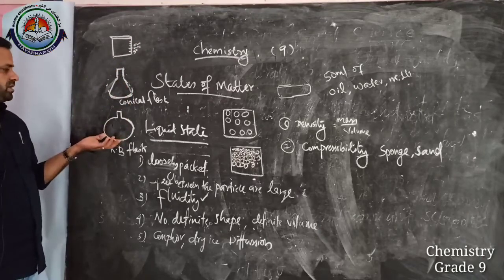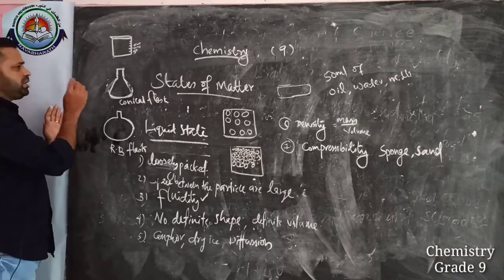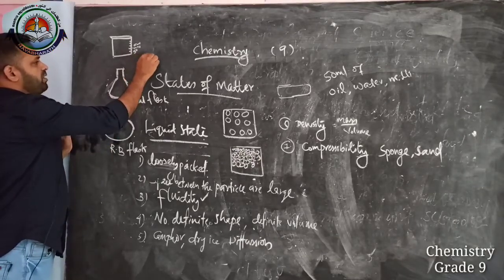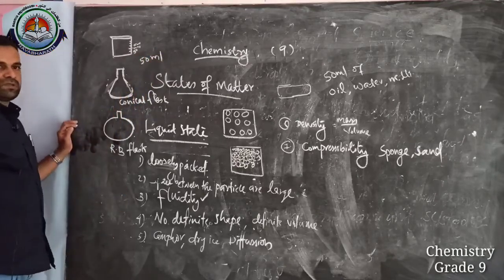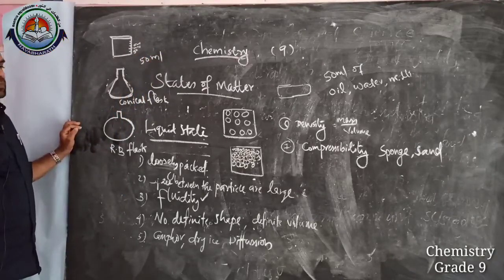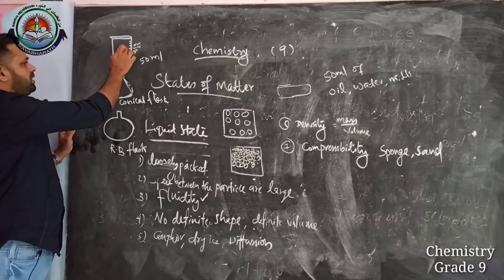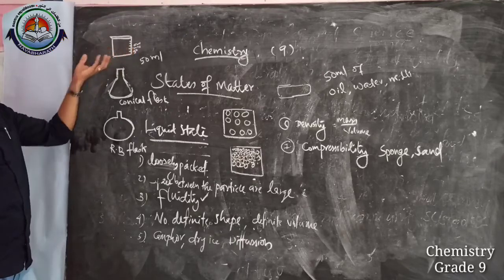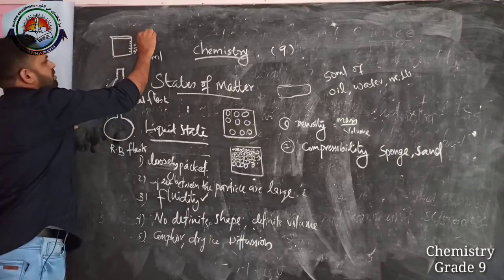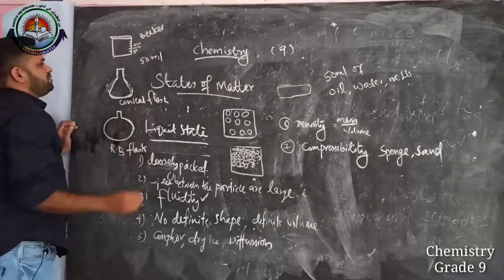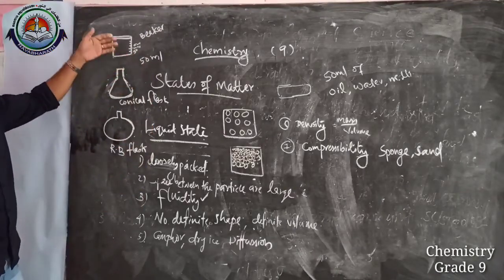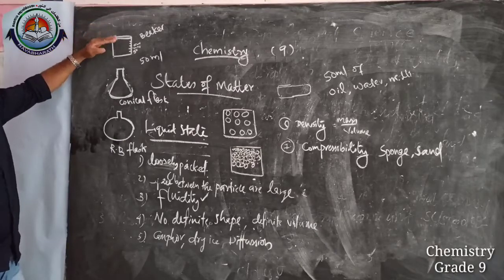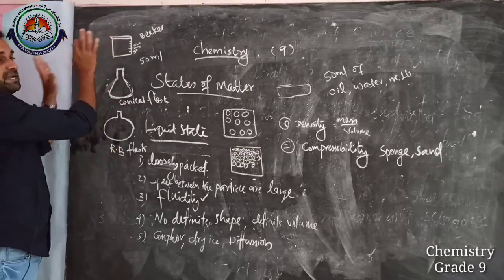In these apparatus we take an equal amount of water, for example 50 ml of water in all cases. When we take 50 ml of water in a beaker, it will take the shape of the beaker.